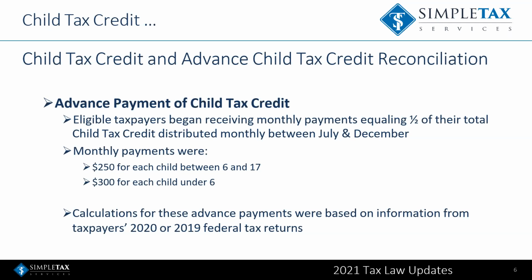The calculation for this was based on either their taxpayers' 2020 return or their 2019 return. So there could be a circumstance in which they got more than they should have gotten, and there is the expectation for them to pay that back as long as they don't meet the safe harbor protections. If they're outside of that scope, and we'll talk about that in just a minute.